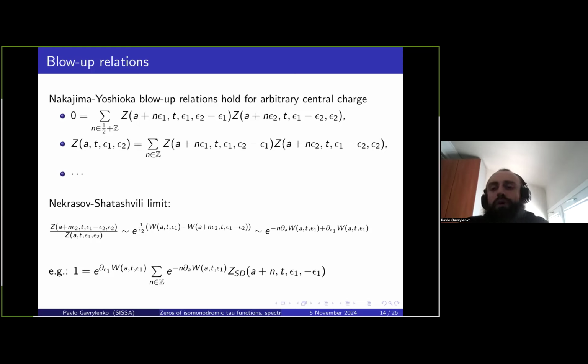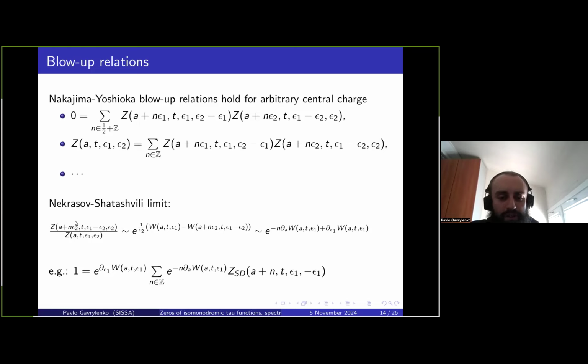And the second one becomes c equals infinity, or Nekrasov-Shatashvili. But this can be done a little bit carefully because this epsilon 2 appears in several different places.